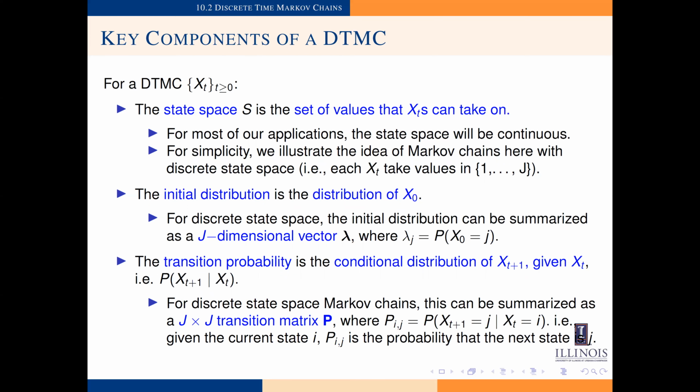For discrete state space Markov chains, this transition probability can be summarized as a J by J transition matrix P, where the ijth entry of P is the probability that we will end up in state j at the next time point, t+1, given that currently at time t, we are in state i. In other words, given the current state i, Pij is the probability that the next state is j. You can imagine that for the transition matrix, each row will sum up to 1.